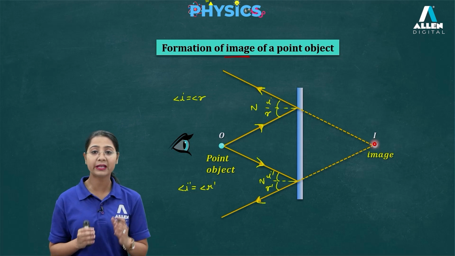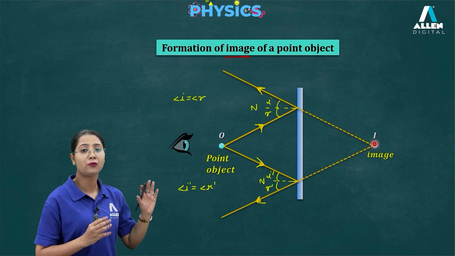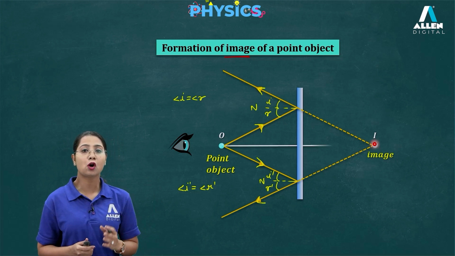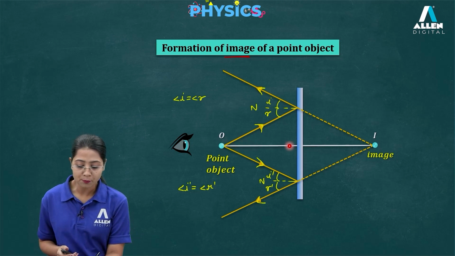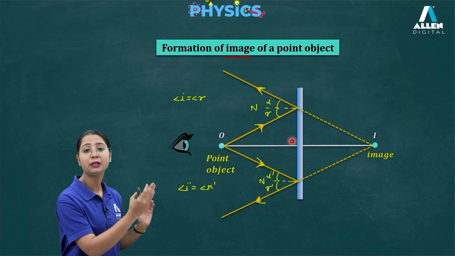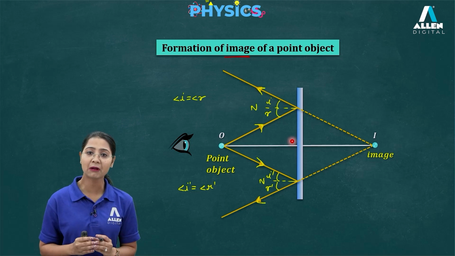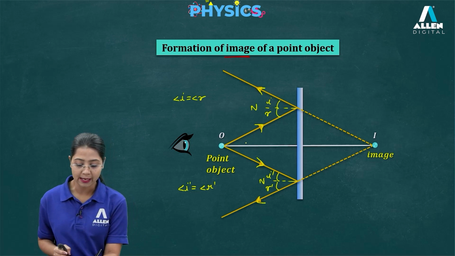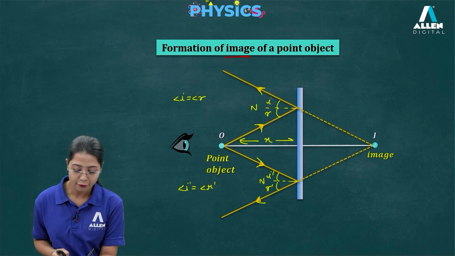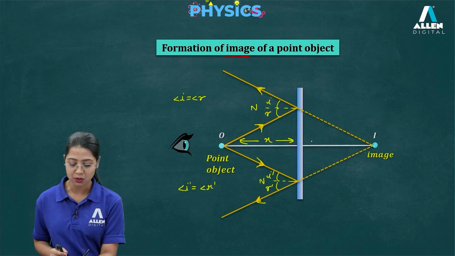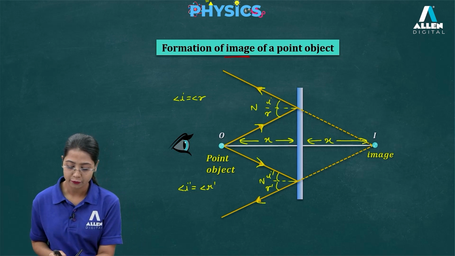Okay. Now we can write the properties of the image formed by the plane mirror. Just observe the distance of the object from the mirror and of the image from the mirror. You will find that if the object is at a distance x from the mirror, the image is also at a distance x from the mirror.